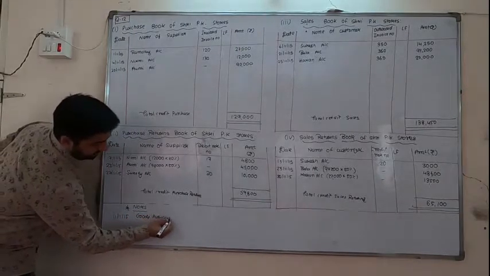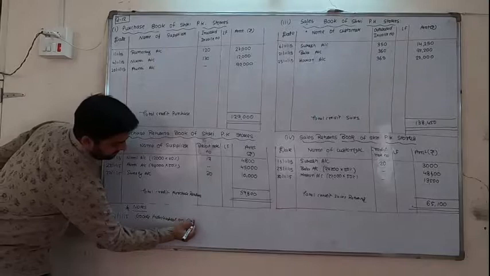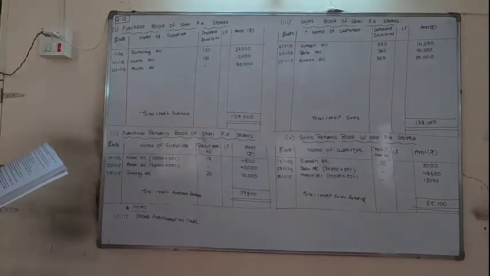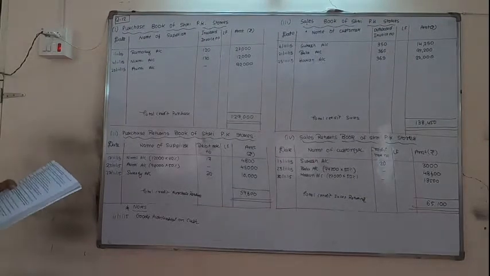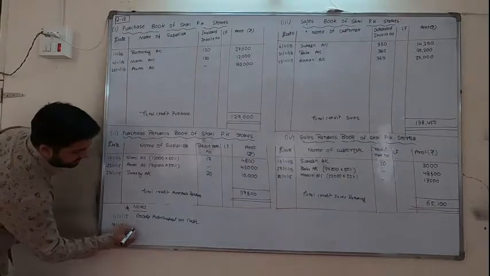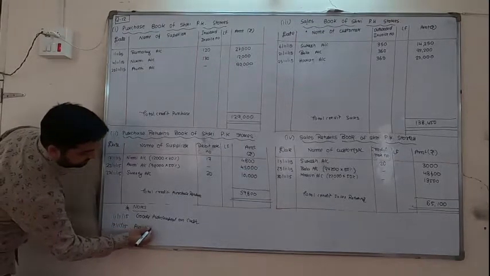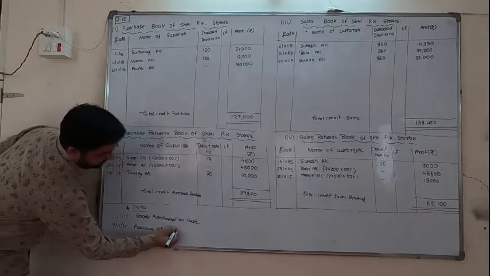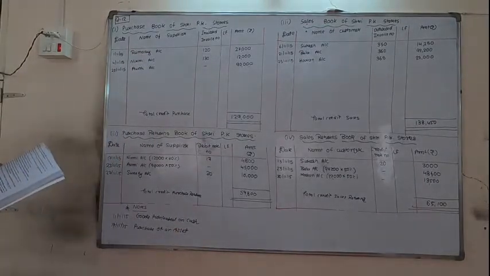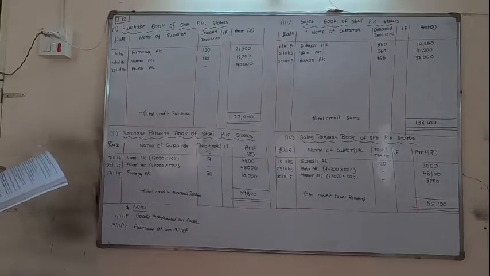Next. 15 we have recorded, 17 we have recorded, 19. 19-11-15. We have purchased furniture, so purchase of an asset. Then 20 we have recorded, 21 we have recorded, 23 we have recorded, 24.